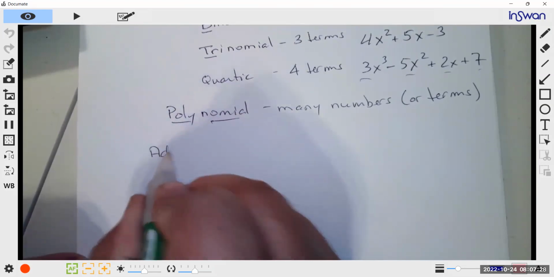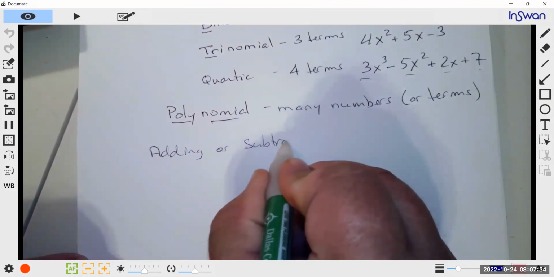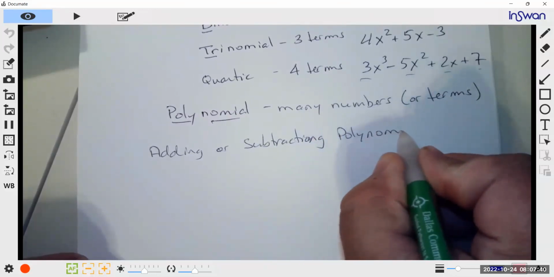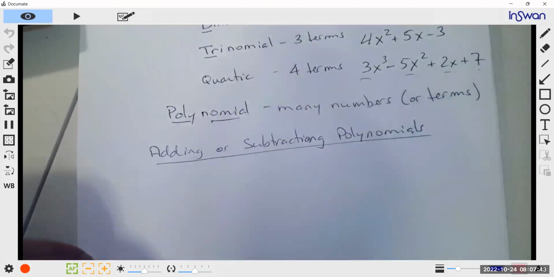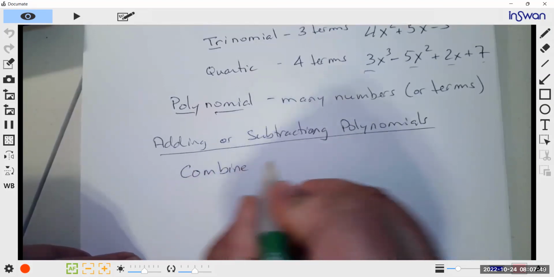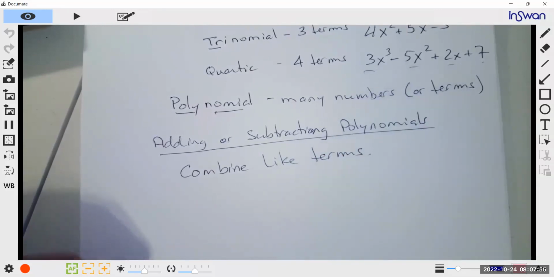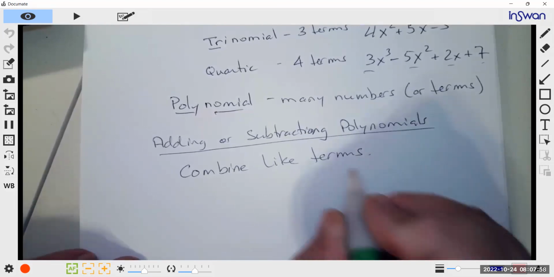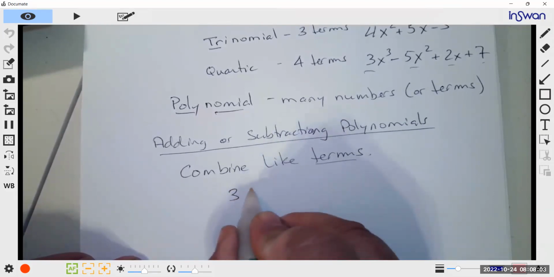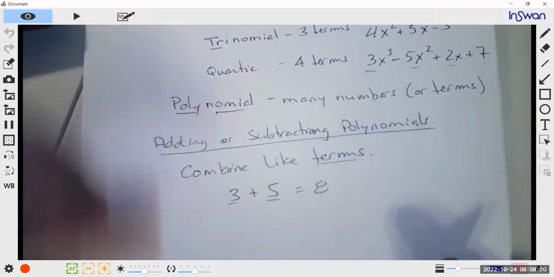When it comes to adding and subtracting polynomials, we have basically one rule. Combine like terms. Now, when we say terms, we're used to adding 3 plus 5. That equals 8, because they're both like terms.